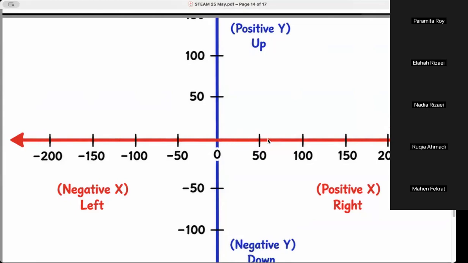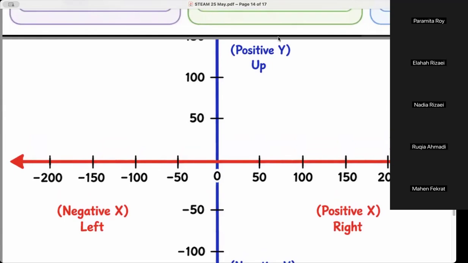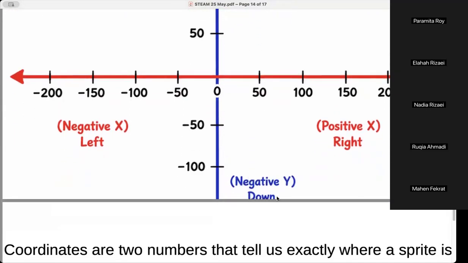When it travels to the right side of the x-axis on this horizontal line, it becomes positive. But if we go up, it is positive y. If we go down, it is negative y.